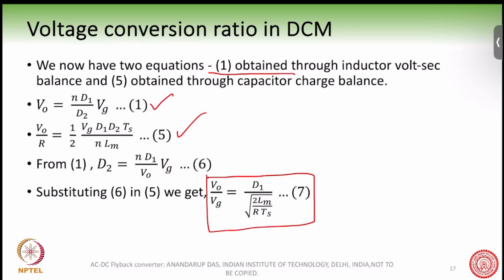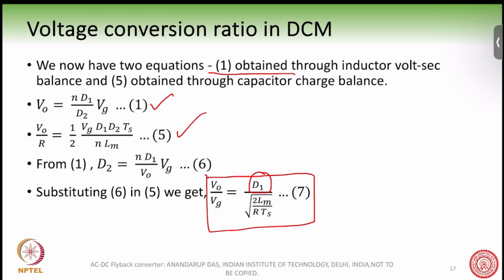So this is basically the input-output voltage relationship in the DCM operation of the flyback converter. Now here you can understand D1; we will see sometime later that D1 has a term in the turns ratio inside D1.